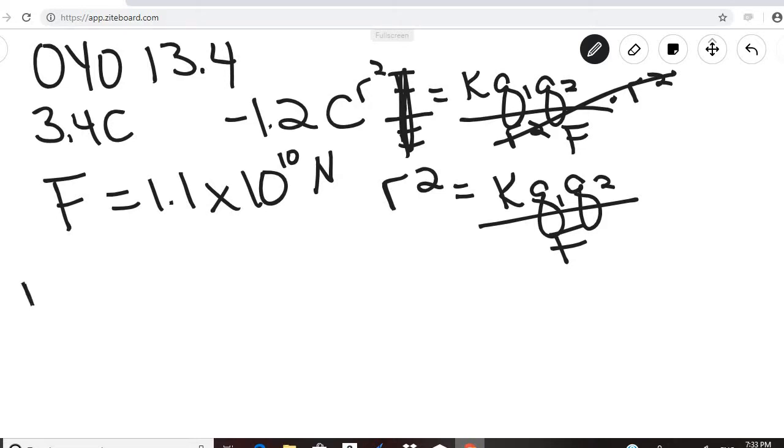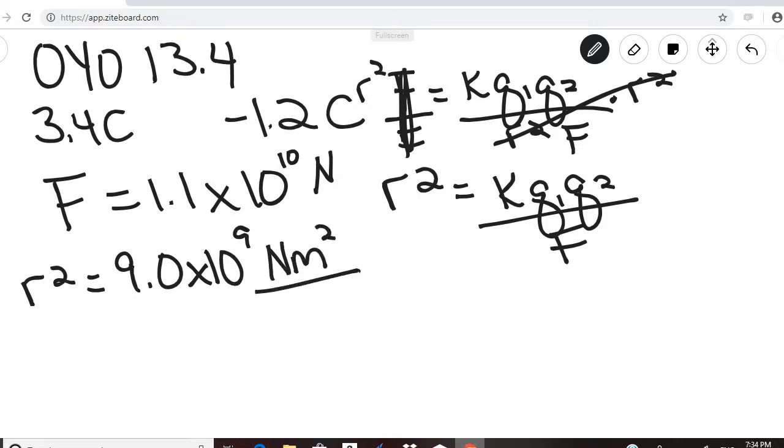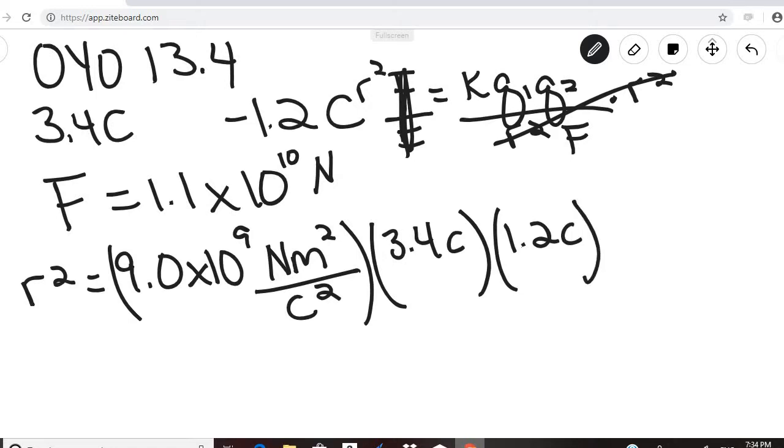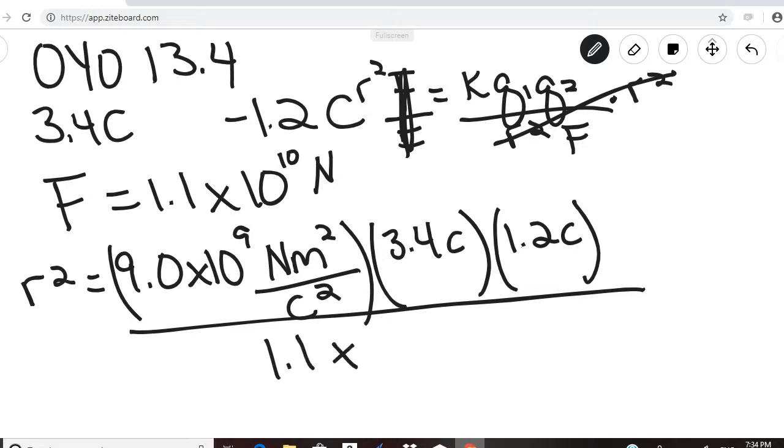Okay, so R squared is equal to K, 9.0 times 10 to the 9th newton meters squared per coulomb squared, times our two charges, 3.4, this is already in coulombs so we don't need to change that, and 1.2 coulombs, and then we will divide by F, which is 1.1 times 10 to the 10 newtons.